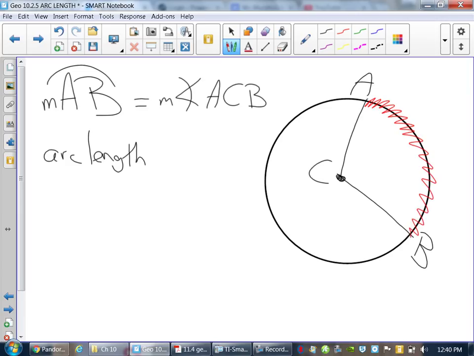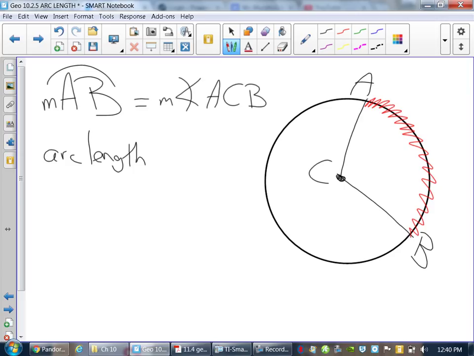Yes, ma'am? Okay, I know this might be a little ways away, but on the test, I'm assuming we're going to have to label a circle, like all the vocab, the radius and all that? I don't know.